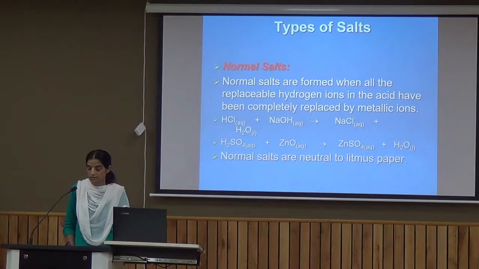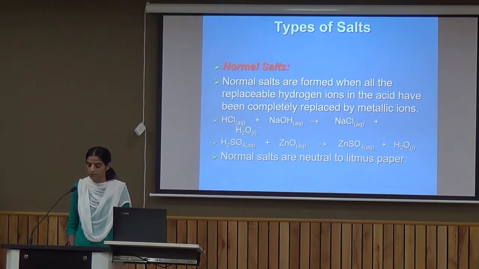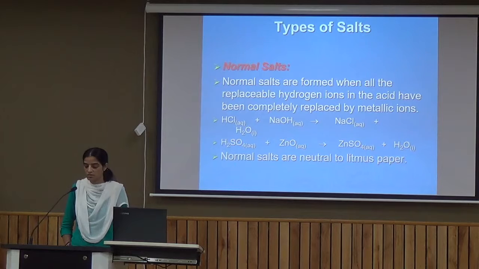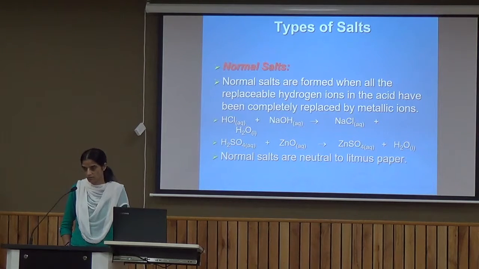Now, next is the types of salts, different categories of salts. First is the normal salts, which are formed when all the replaceable hydrogen ions in the acid have been replaced by metallic ions, like sodium hydroxide reacting with hydrochloric acid to form sodium chloride. Sodium chloride here is a normal salt. Why do we call it a normal salt? Because HCl has only one replaceable hydrogen.